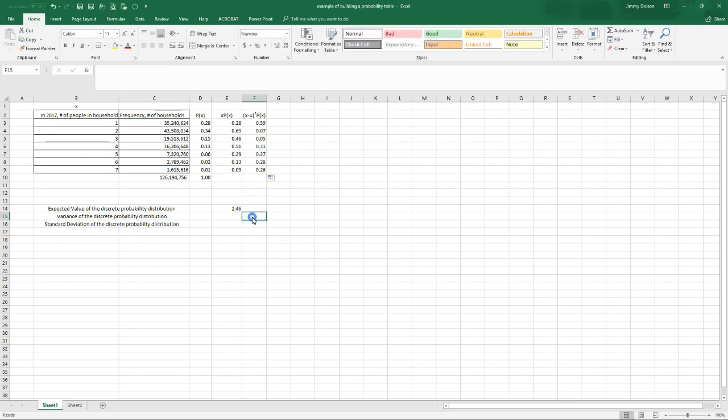I'm good. Now I'm going to add those up to get the variance, which is a squared number. Then to get the standard deviation, I'm just going to take the square root of the variance. I get 1.39. Just double checking to make sure everything looks right here. I think I've got it all.